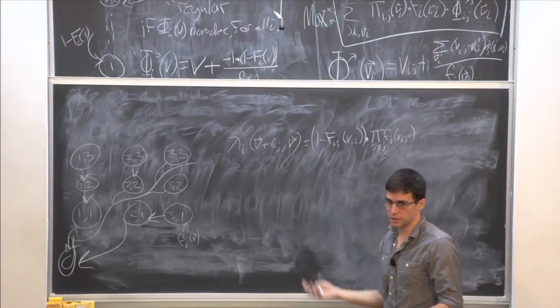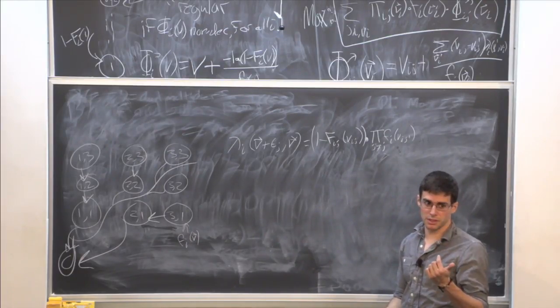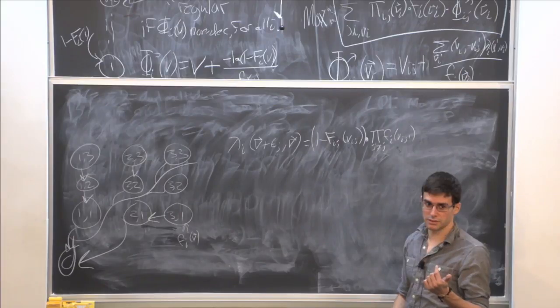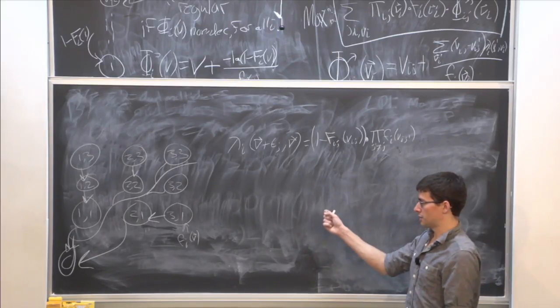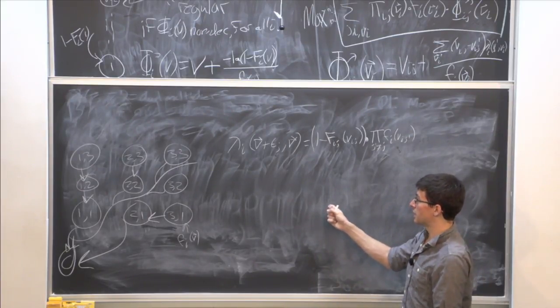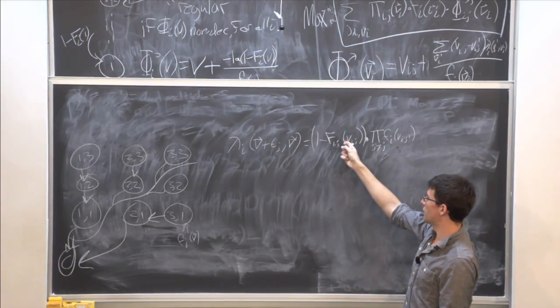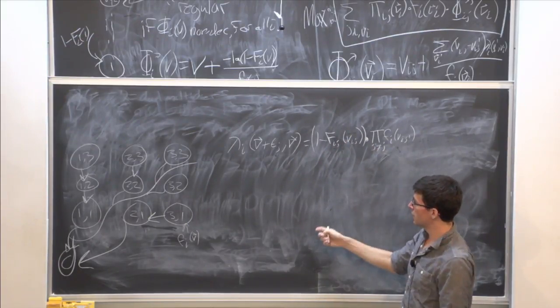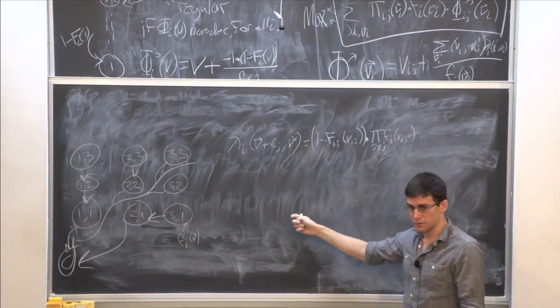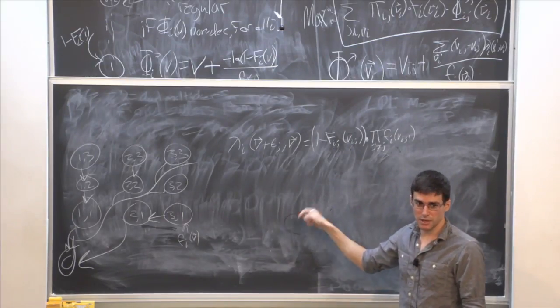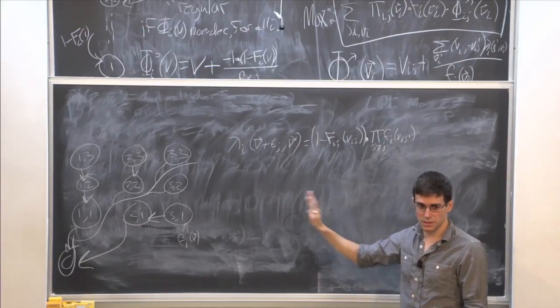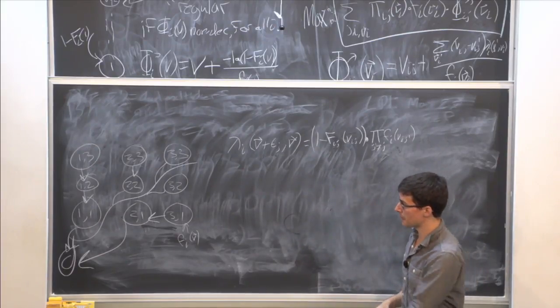It's the exact same reasoning as before when we computed the flow for the single item case. So it's just the rightmost guy sends in Fij of Vij bar times this product, and then you add your density times this product, and same thing. Does that make sense? So this is going to be the flow that goes in.